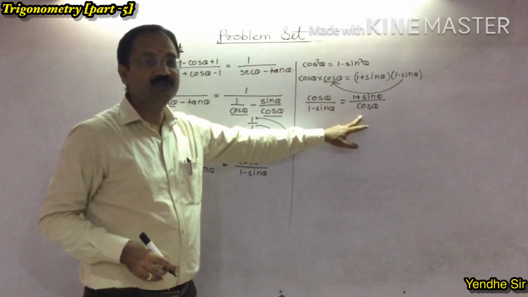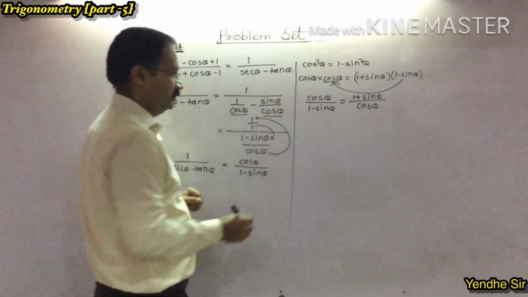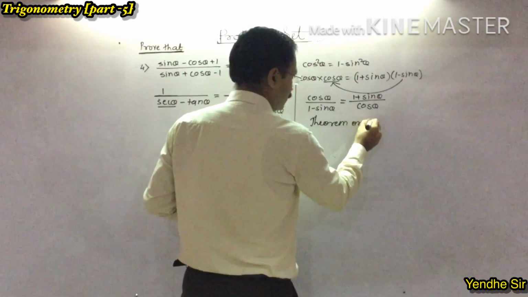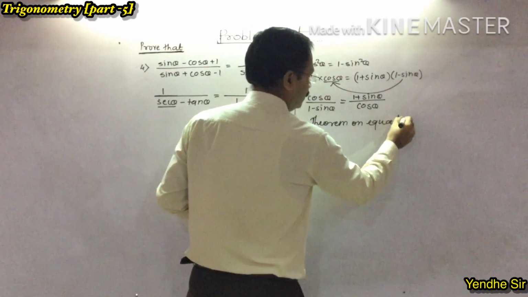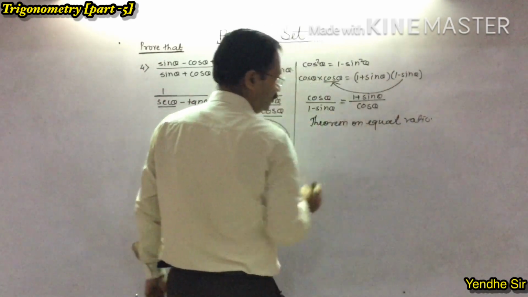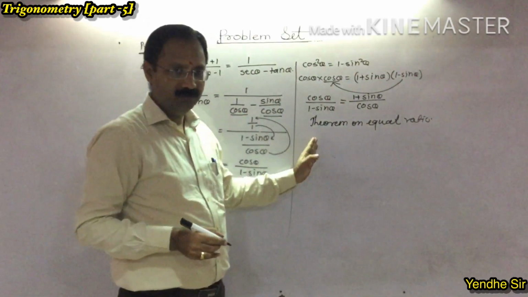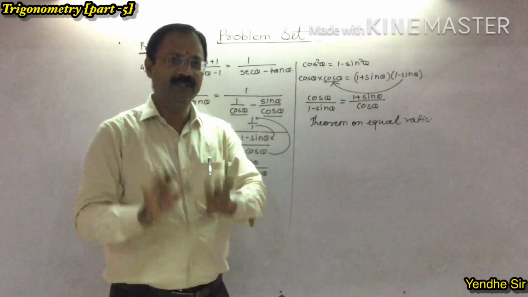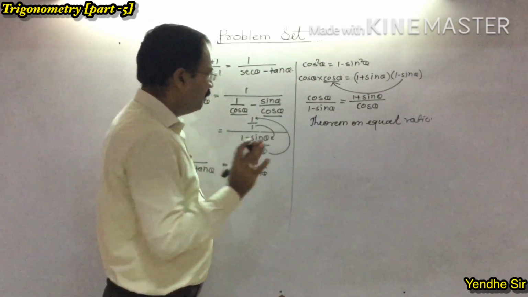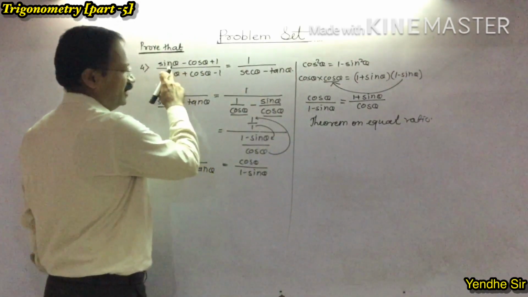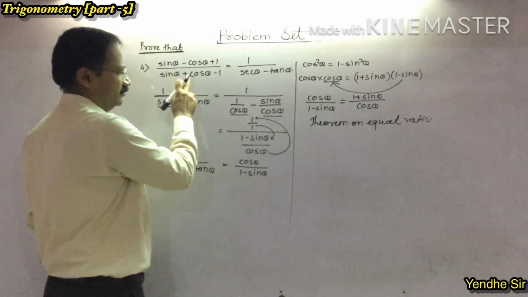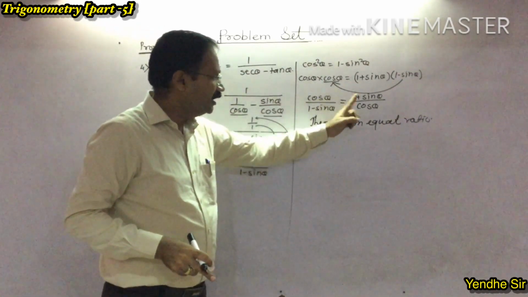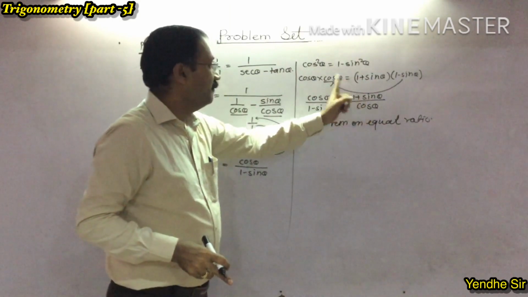And here you have to use the theorem on equal ratio. What does it say? Whatever you do in the numerator, you have to do in the denominator. I am going to add or subtract, because you need sin theta minus cos theta.